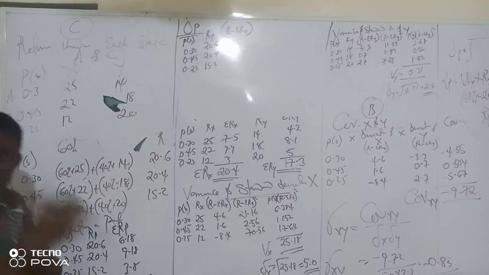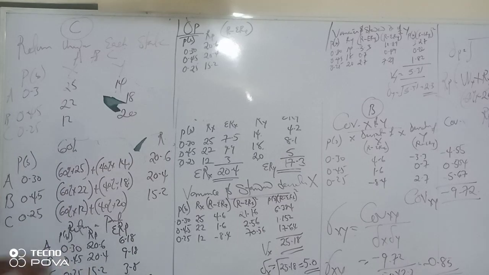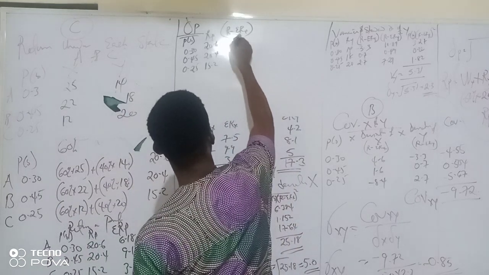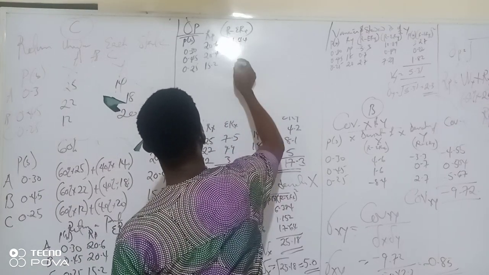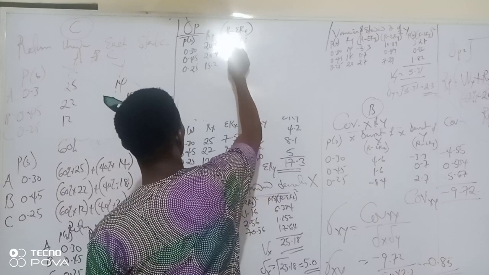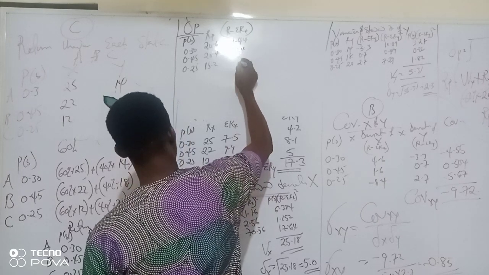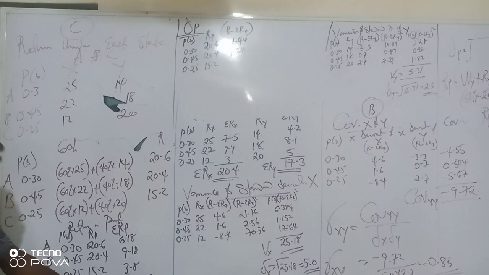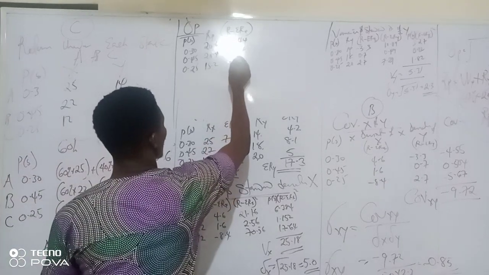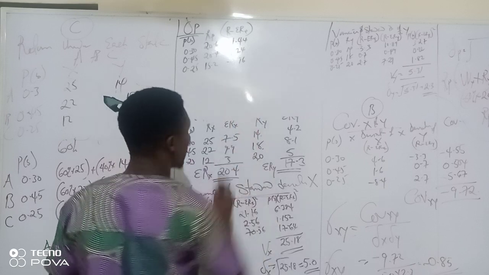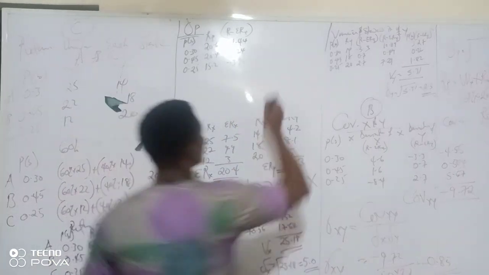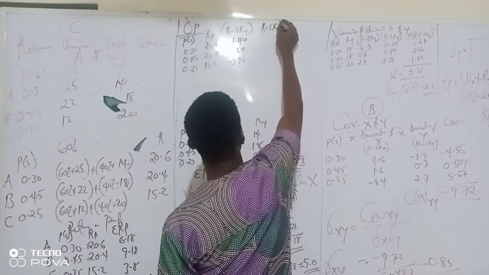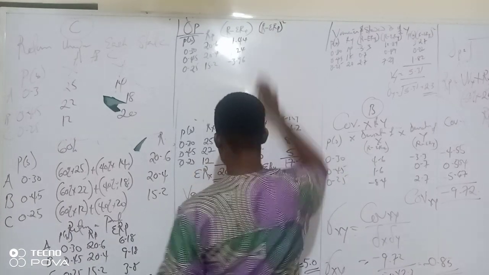So we subtract: 1.44, followed by 1.24, followed by 3.96. What next? Square again. Return minus the return of portfolio, squared. They have to square.